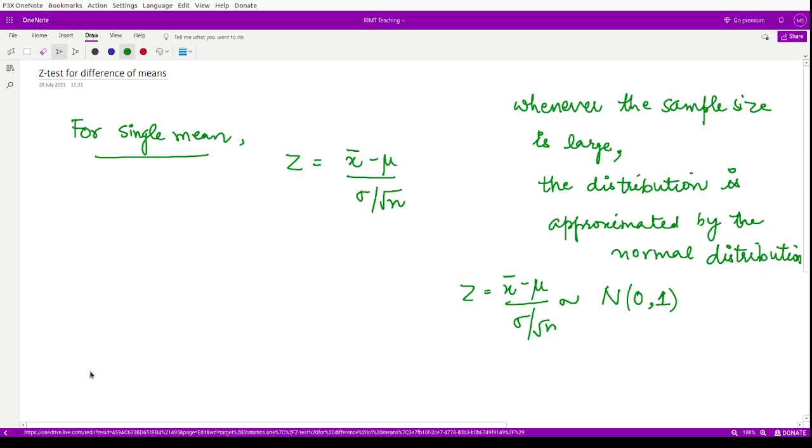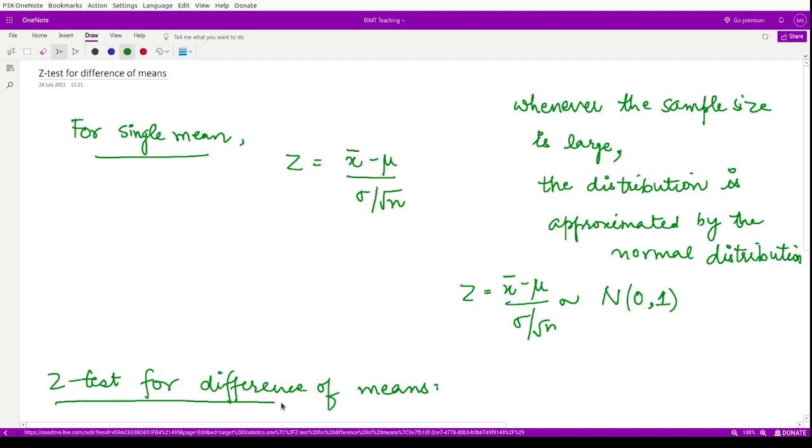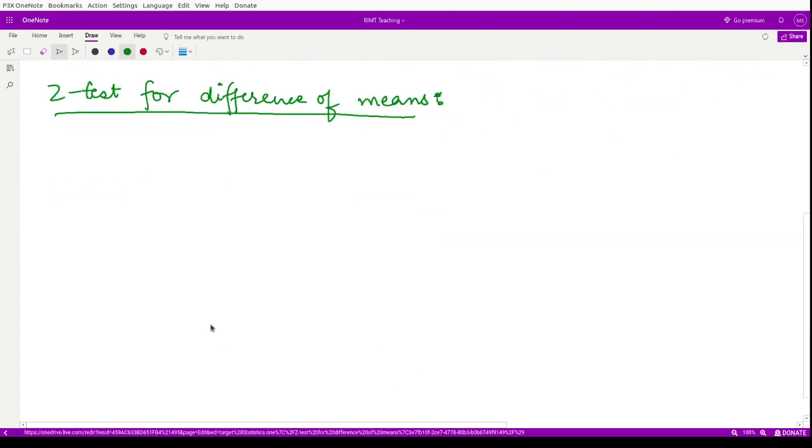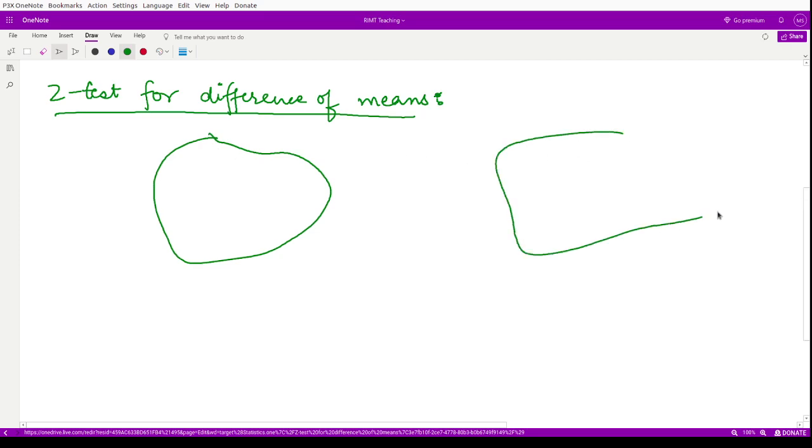So now let's talk about the z-test for difference of means. For this, consider the situation that you have a large population here, and you have another large population here. There are two different populations.